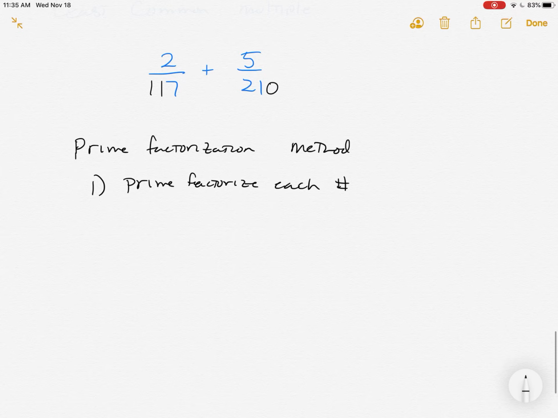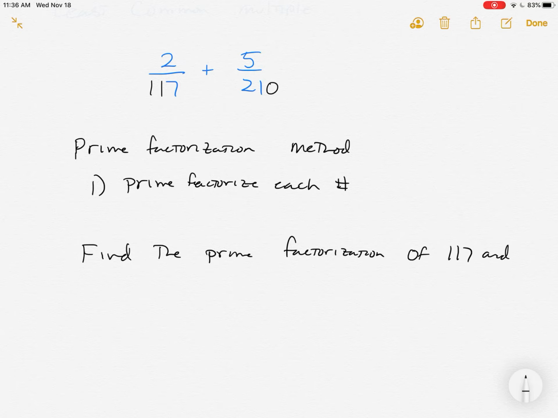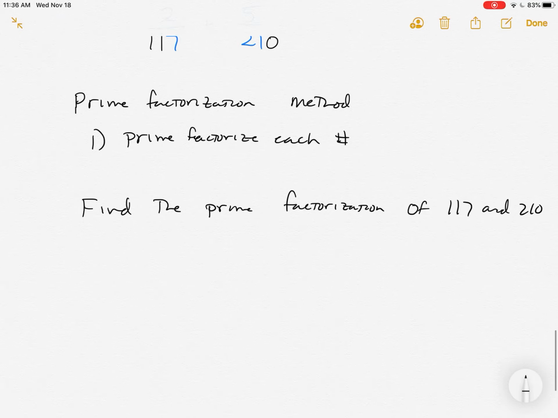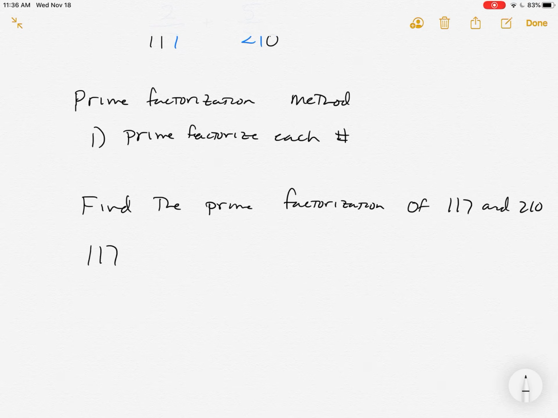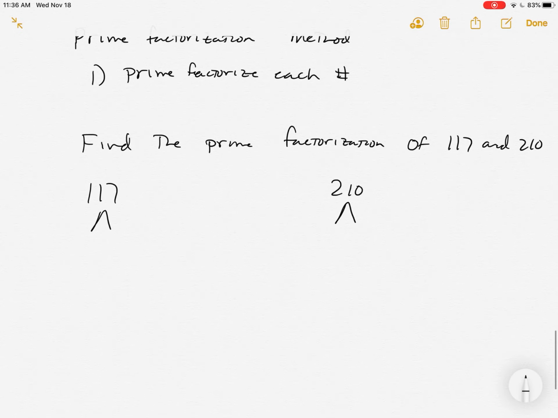So this question in the book will be this: find the prime factorization of 117 and 210. Okay? So the first thing is to take 117 and 210 and prime factorize them. Do you recognize a factor of 117? 7 plus 1 is 8 plus 1 is 9. 3 is going to go into this number because 3 goes into 9.